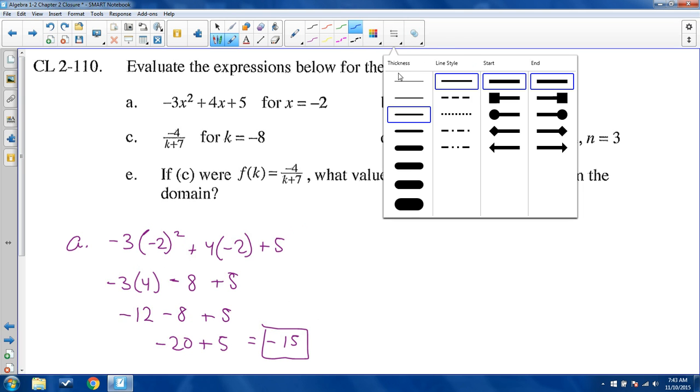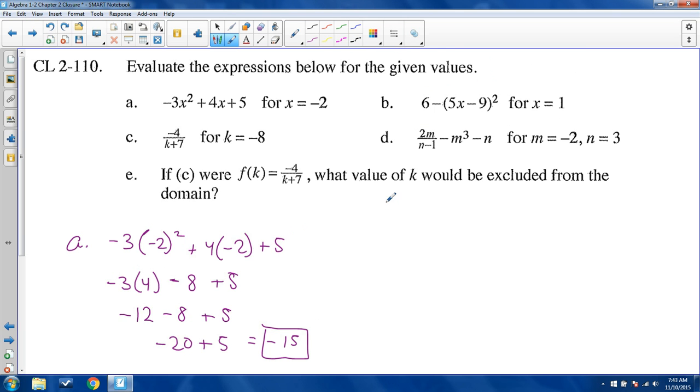Okay, part B. Let's take a look at that one. When x equals 1, 6 minus 5 times 1, parentheses, minus 9, quantity squared. All right. We have 6 minus, let's work inside the parentheses first, then I'll square it. 5 times 1 is 5. Okay, 5 minus 9 is -4.